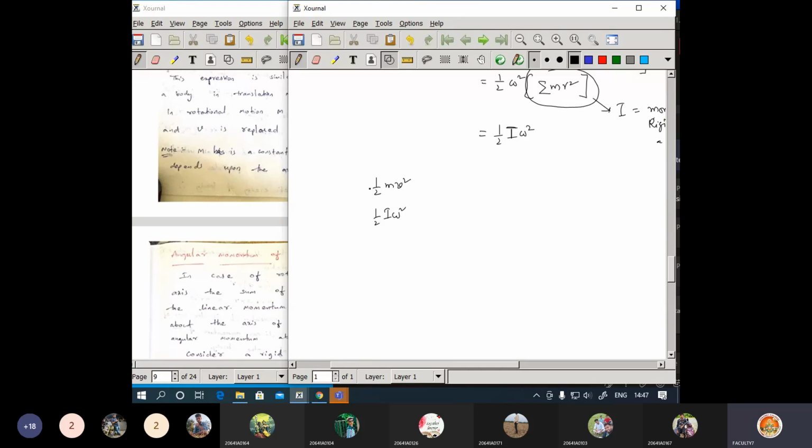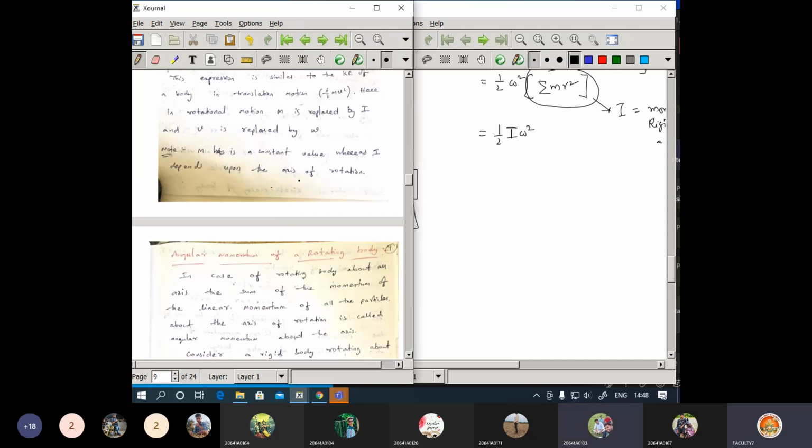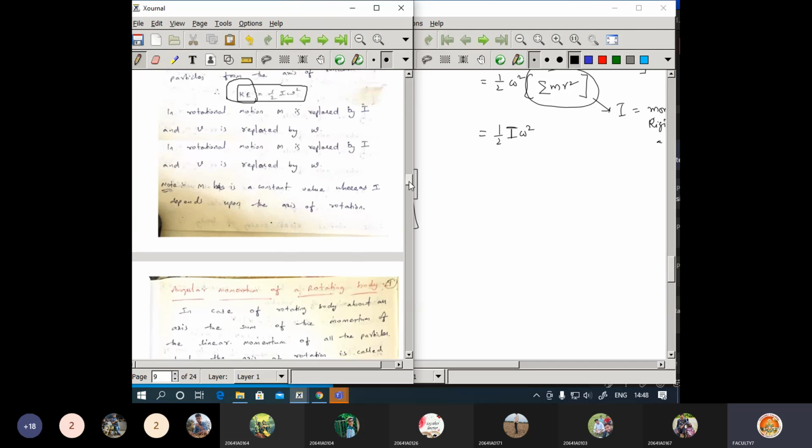If you compare these, instead of m we are replacing it with I, and instead of v square we are replacing it with omega square. These points we need to mention in the concept also, just for identity, what you had understood.